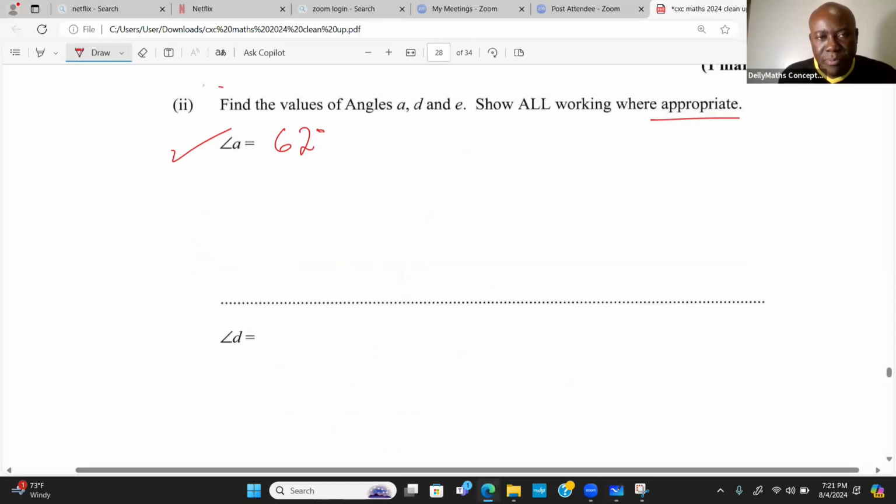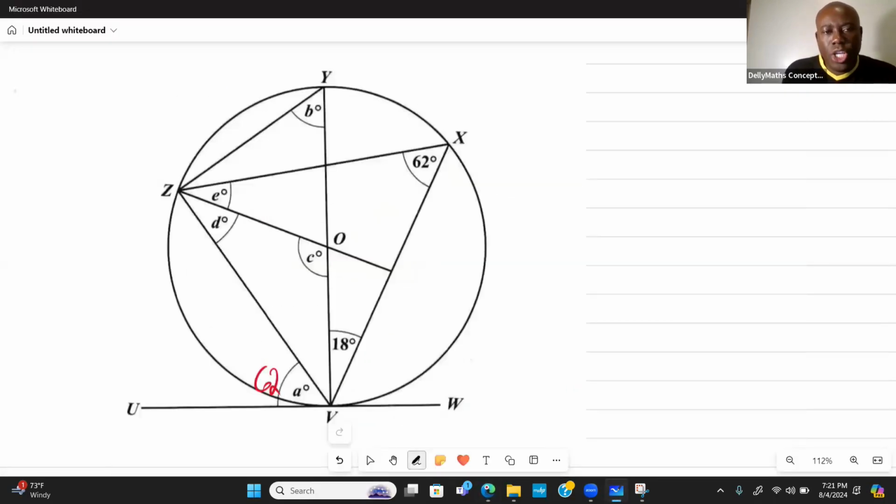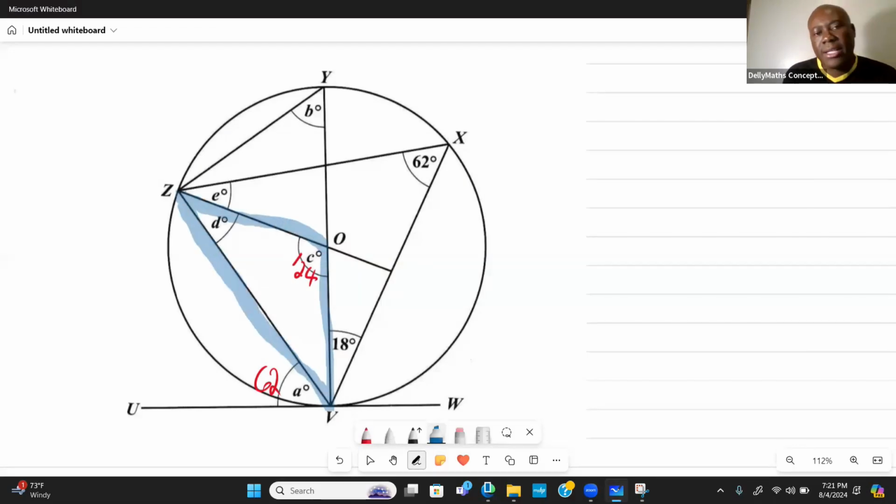So we have D, the angle at D. Now, remember that this was 124. I'm going to highlight this triangle here so that we can focus on the idea. This is a triangle that's going to help us find the angle at D right here. Bear in mind that the total interior angle of any triangle is 180 degrees, but this is a special triangle.